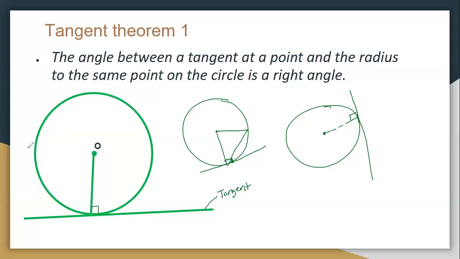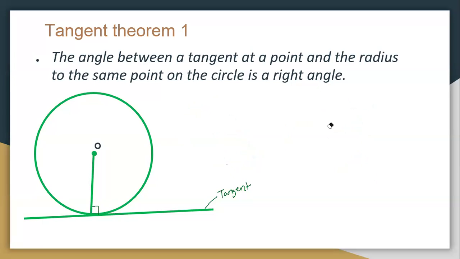So whenever they meet, they will be at 90 degrees. That is the first theorem, so take note of it. But it is always the radius, not any chord. Don't confuse that as long as it is a line. No, it must be a radius, not a chord. They must always meet at 90 degrees.